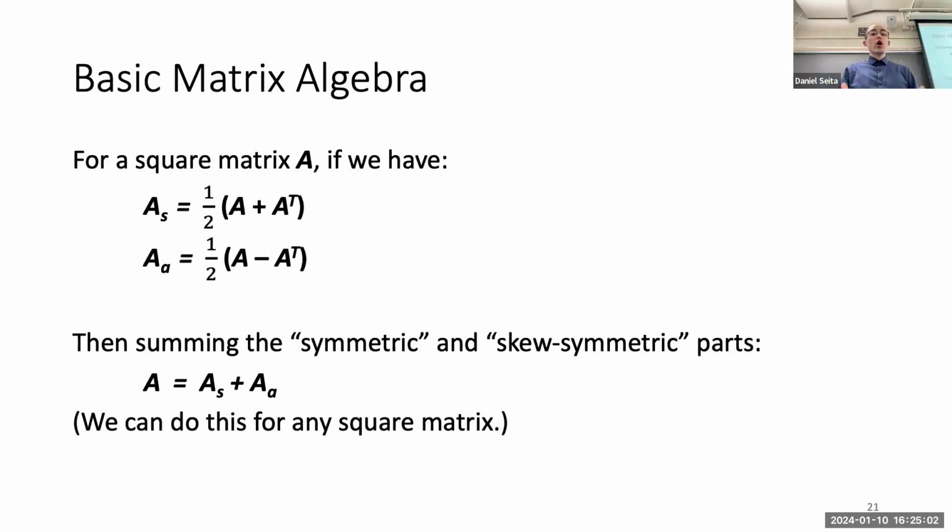All right, so for any square matrix, if we have A_S and A_A, which we sometimes call the symmetric part and the skew symmetric part, then you can express any square matrix as A equals A_S plus A_A. That's a way we can universally split up a matrix into 2 different parts, and sometimes this becomes a useful algebraic tool for some calculation.